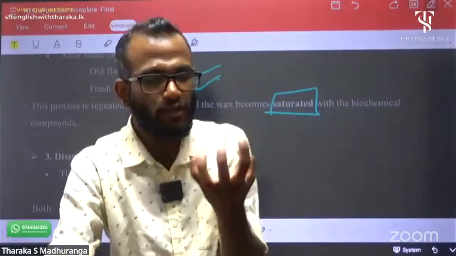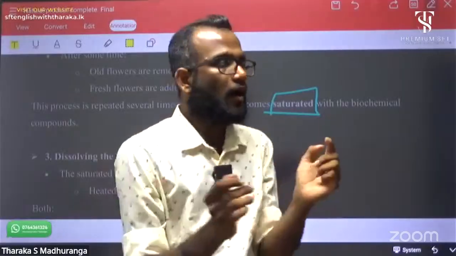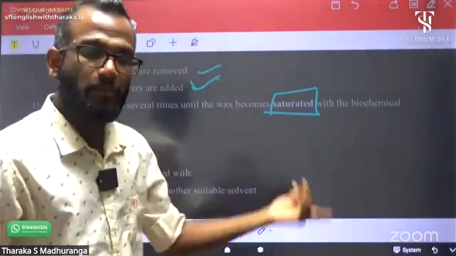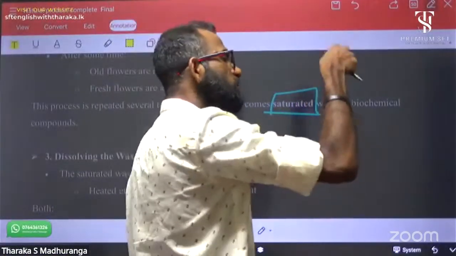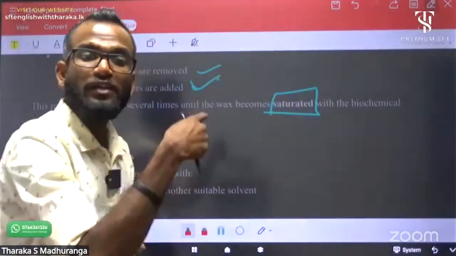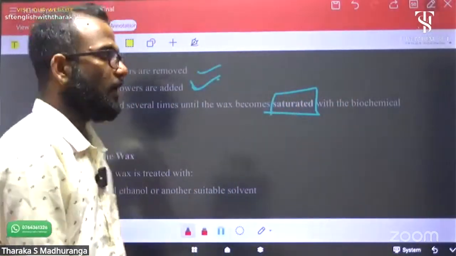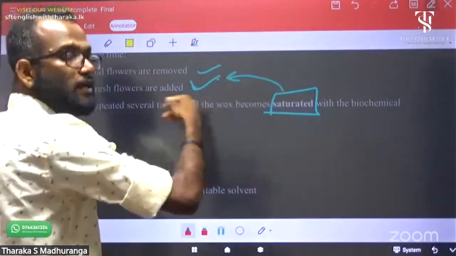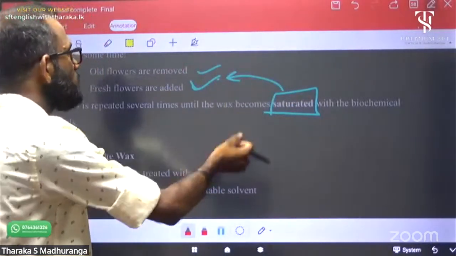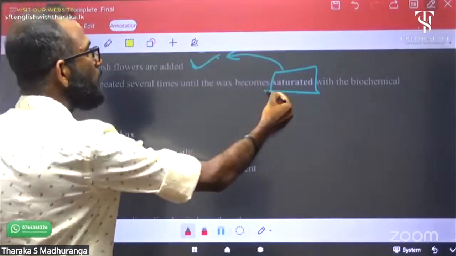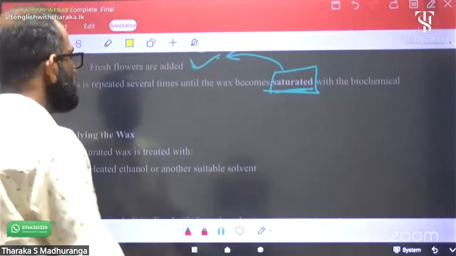Saturated soil means all pores filled with water. Saturated, same thing: saturated means all pores in the wax are filled with secondary metabolites. That's why we do the same thing again and again, adding fresh flowers to saturate the wax.